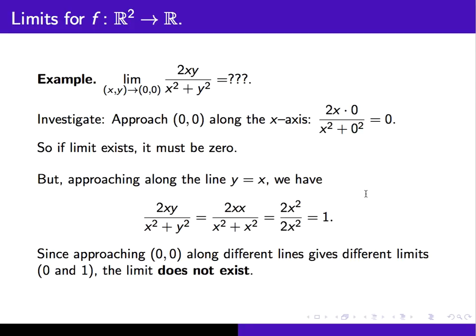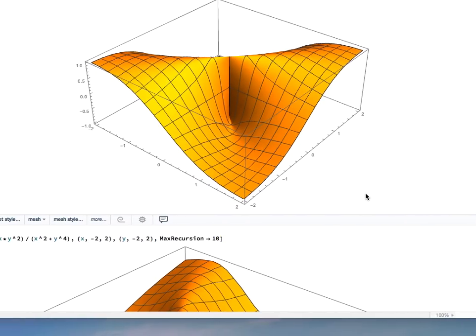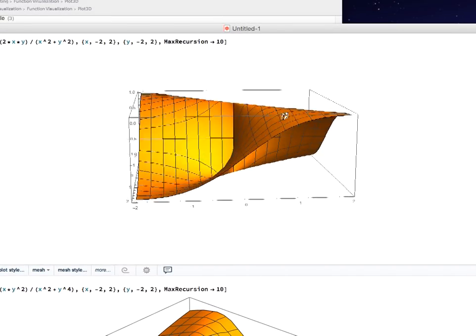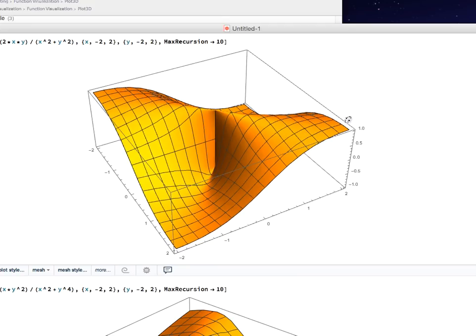Now you might wonder what this thing could possibly look like. Let's take a look at the graph. So here is a picture of the graph. And you can see that as you approach along this line, so this is the line y equals x, the function is identically equal to 1.